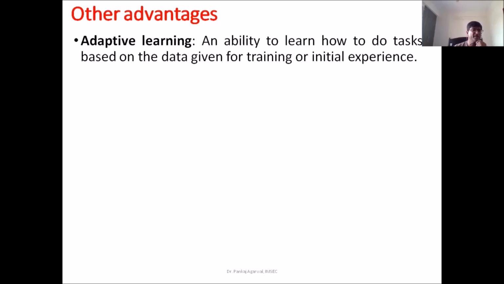That data can be in the form of examples or patterns. Once we give it for training, we can also call it a kind of initial experience, right? So it should be able to learn from that data and adapt to learning also. That is what is called adaptive learning. I should be able to adapt to what has been given to me as an input.